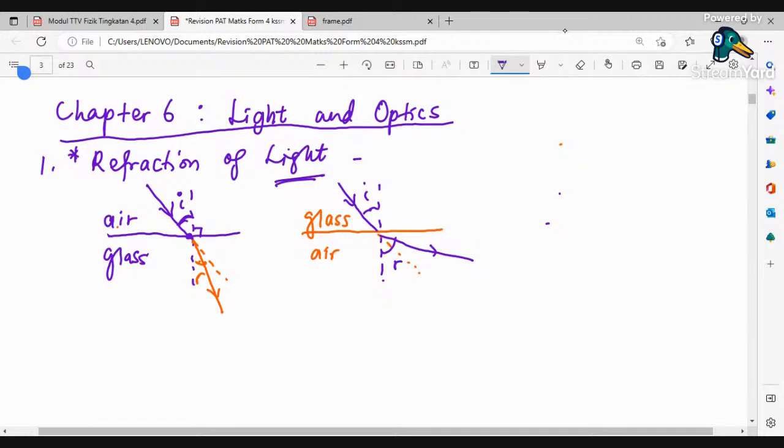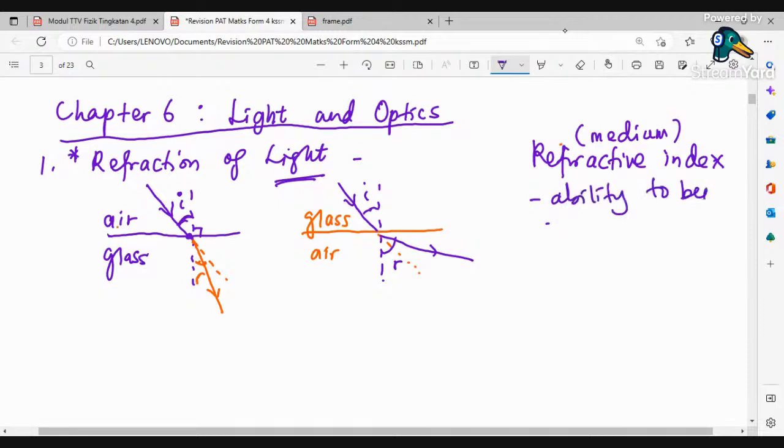Then we discuss the concept of refractive index. Refractive index depends on the medium. It actually represents the density of the medium, the ability to bend light. The denser the medium, the higher the refractive index.